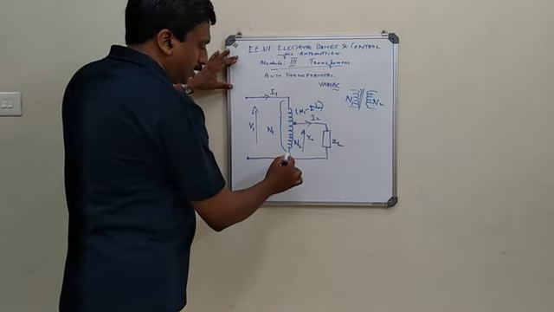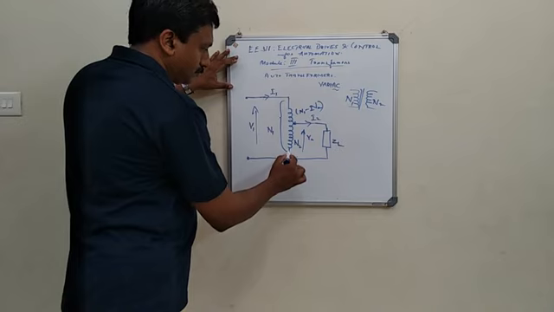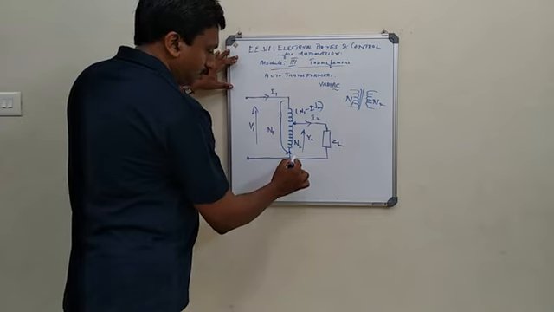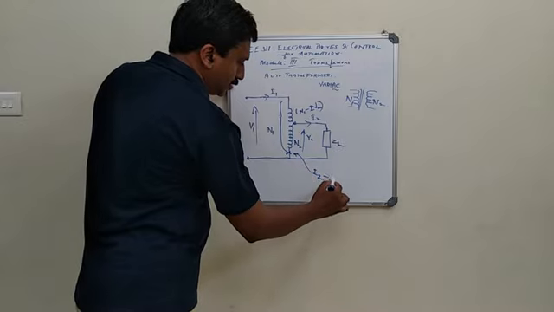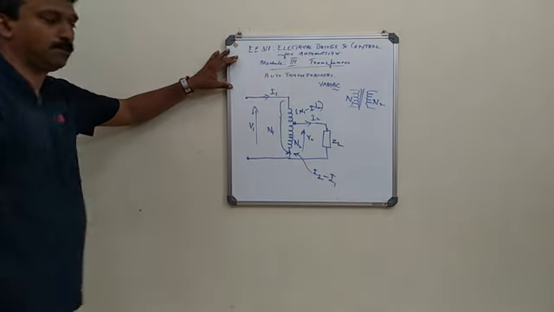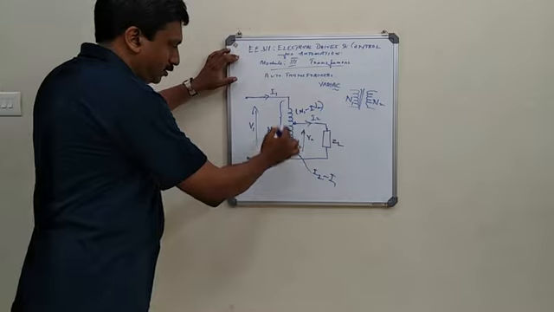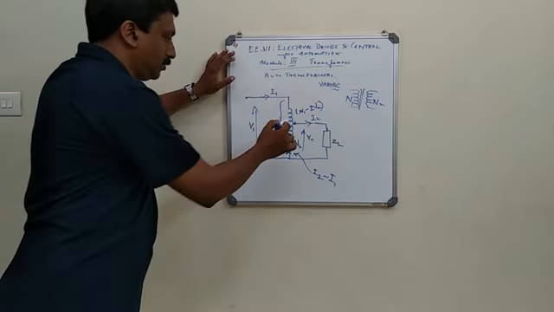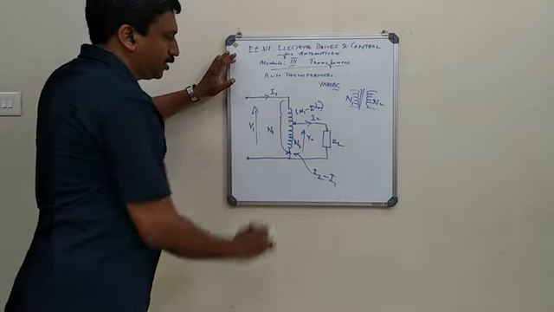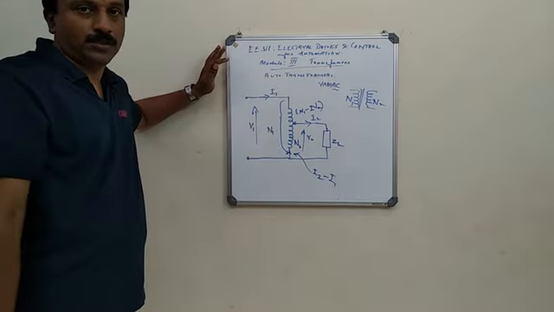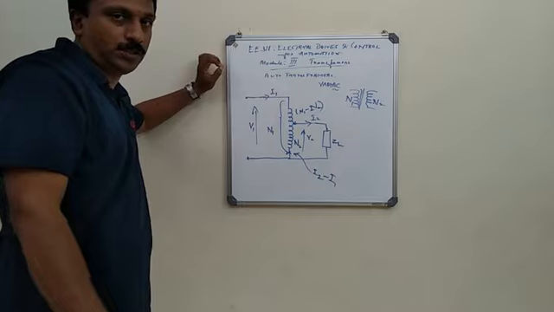So the current here, you can say, is I2 minus I1, because applying KCL you can find out that this is the magnitude. If you take a node here and take the sum, that is how you get this value.